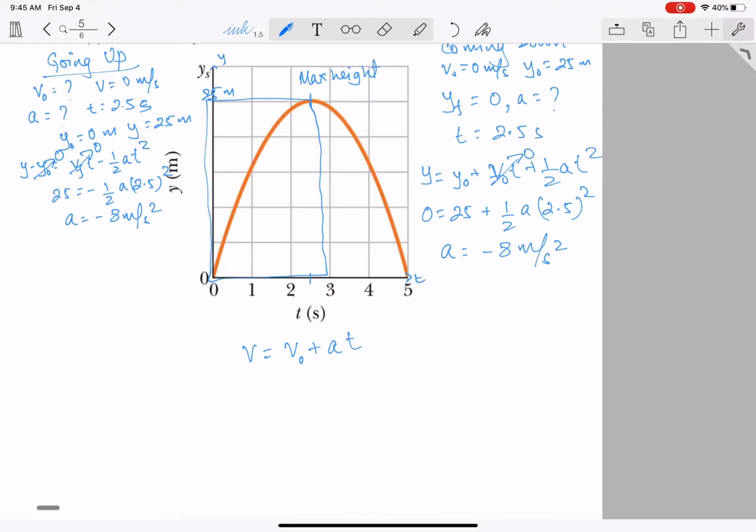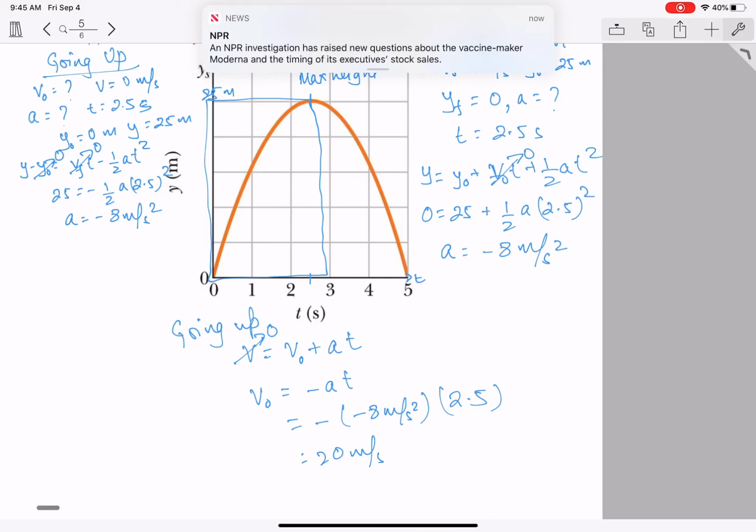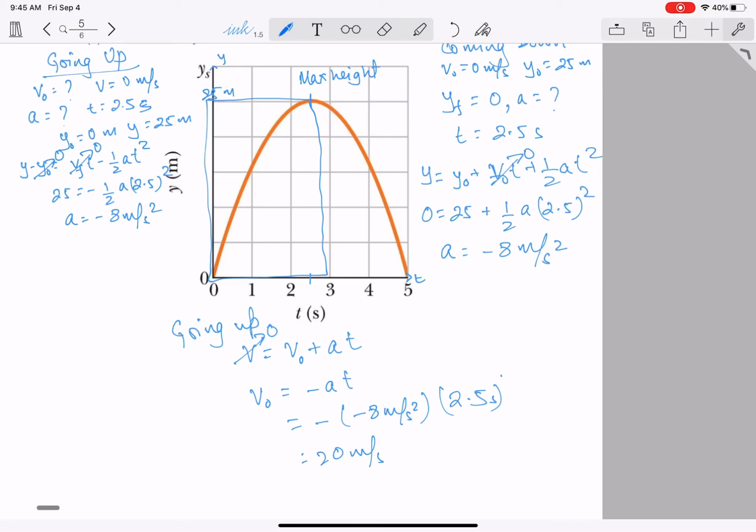If you pick the going up part, v final at the top is 0, so v initial is -at. Acceleration was negative, so -8 meters per second squared times t. Our initial velocity has to be positive, because our initial velocity was up and we chose up to be positive. So 20 meters per second. There you go.